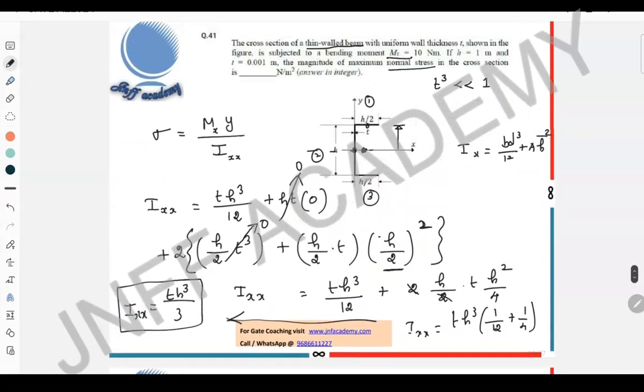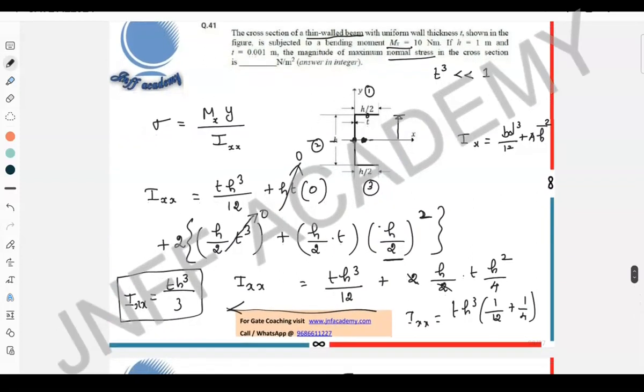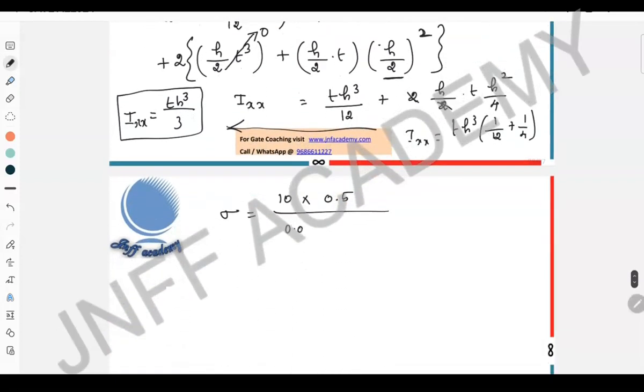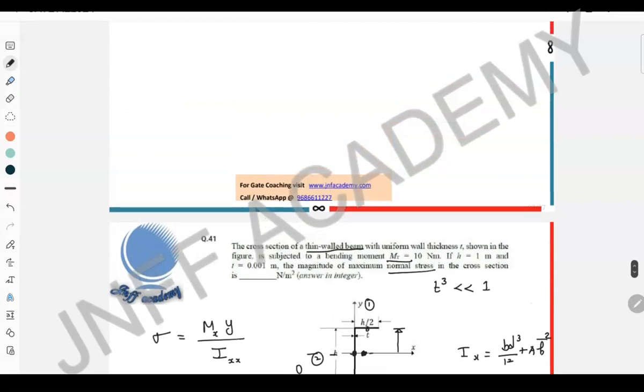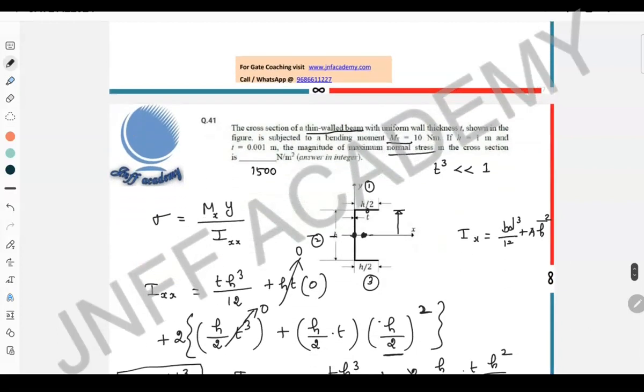Then moment of inertia Ixx is T, 0.001, h cube divided by 3. Now we can simplify this: 10 into 0.5 divided by 0.001 into 3. So 15,000 Newton per meter square.